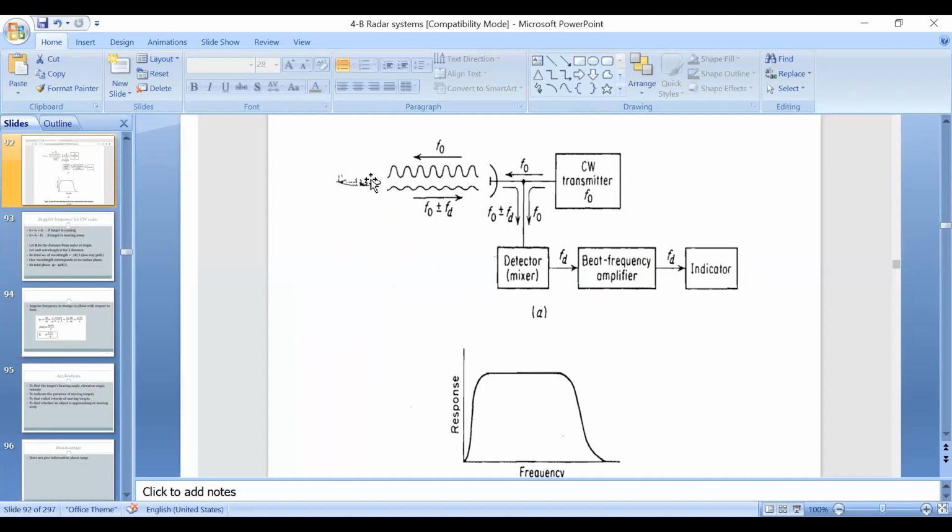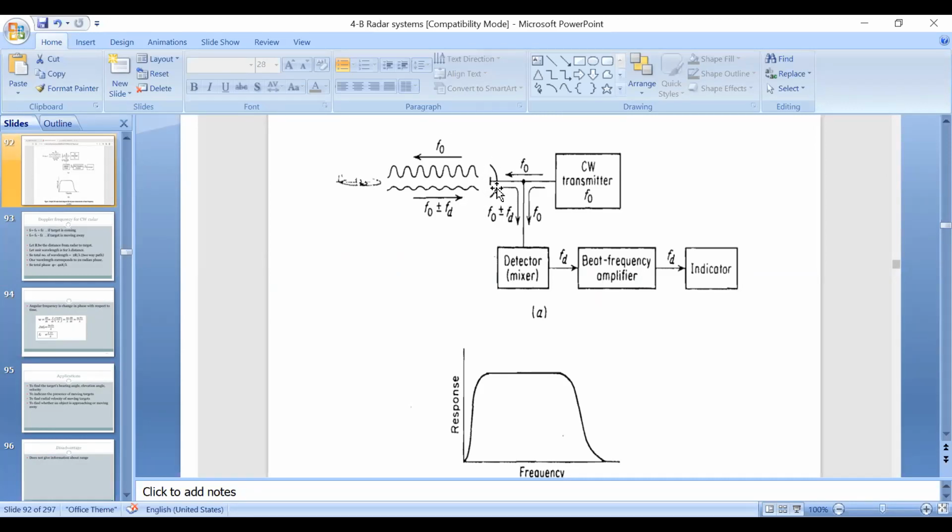We are transmitting the signal in the power range of megawatts, but due to some noise and the long distance traveling of the wave, we are receiving the power in milliwatts. This power is in the order of megawatts and this power is in the order of milliwatts.